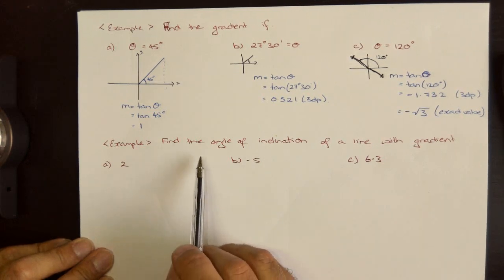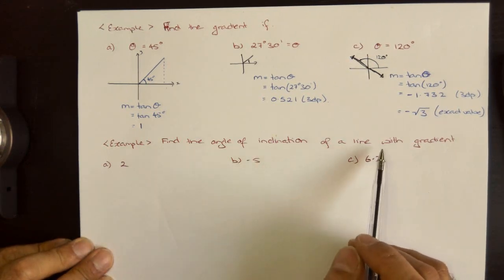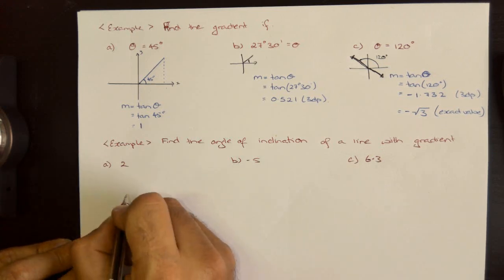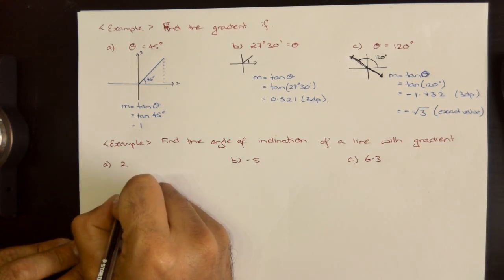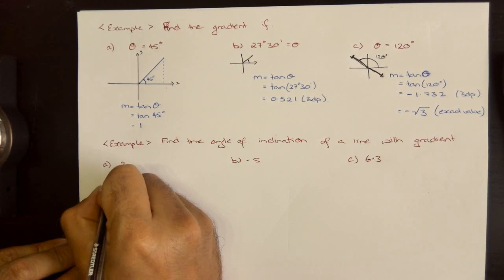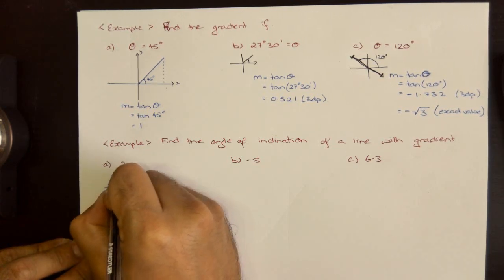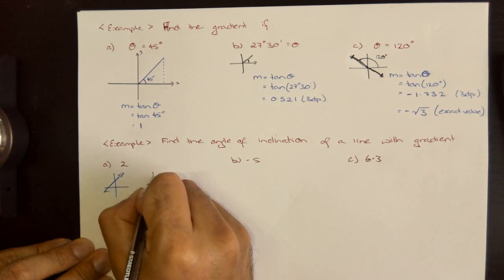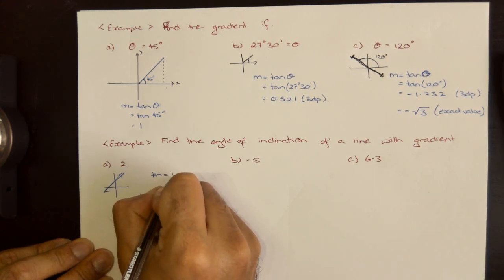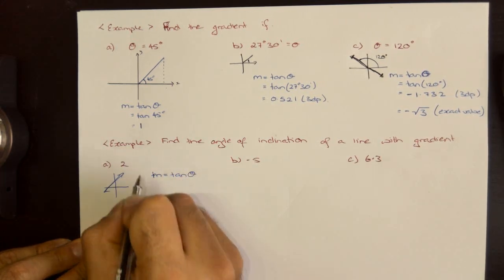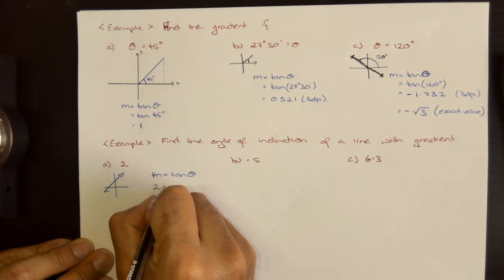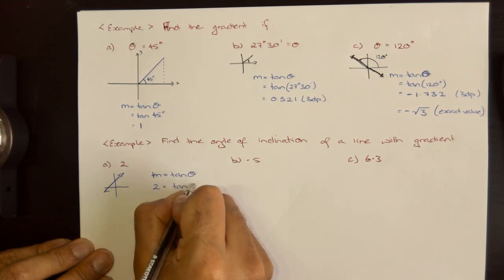Now we want to find the angle of inclination of a line with the gradient of 2. So using our formula again, or maybe just sketch it. We've got some gradient and it's positive, so it's going up like that. Using our formula, m equals tan theta. Here we've got 2. We want to figure out what theta is.